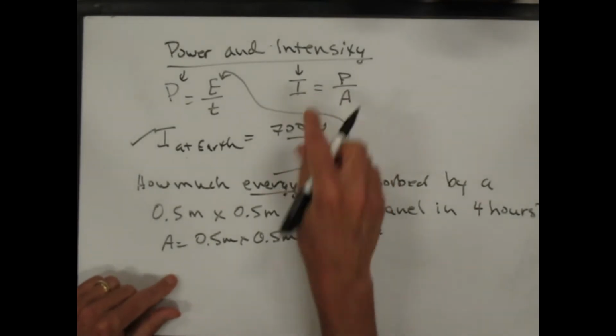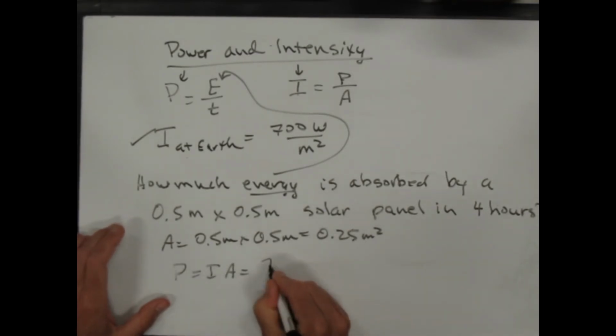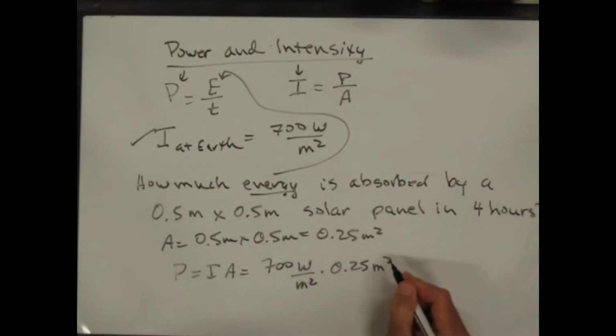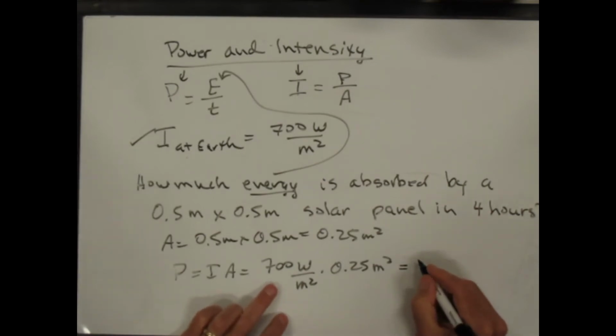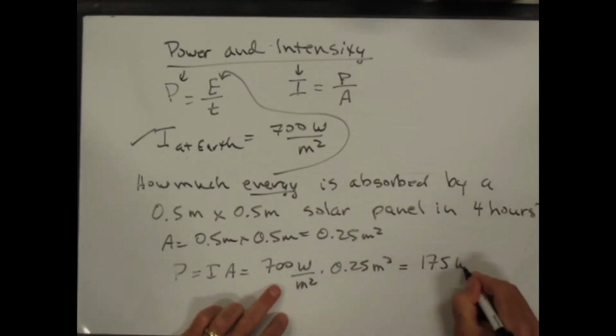And so we can use this formula and say, look, the power is just the intensity times the area, which is 700 watts per square meter times 0.25 meters squared, right? And so that's 175. A quarter of that is 175 watts, right?